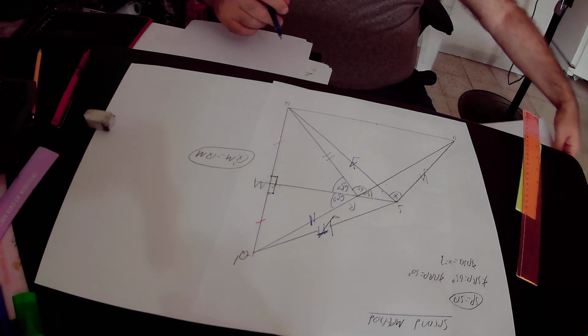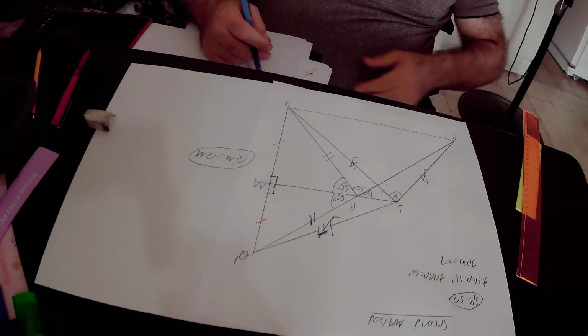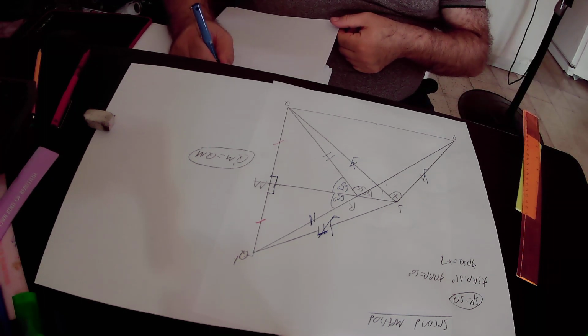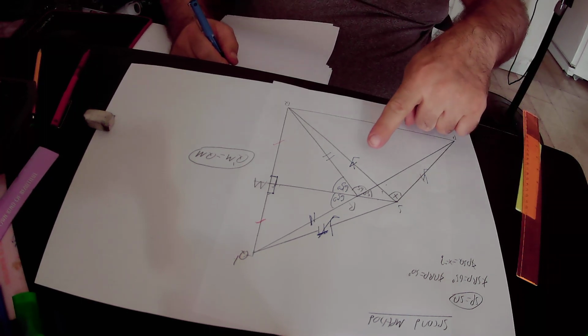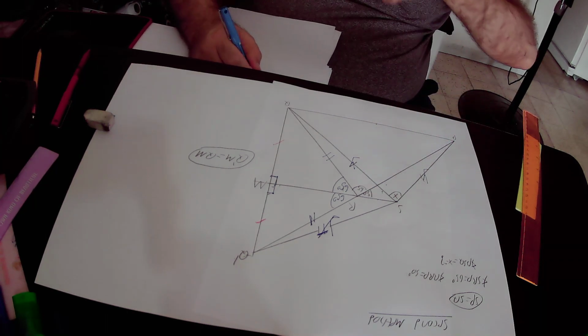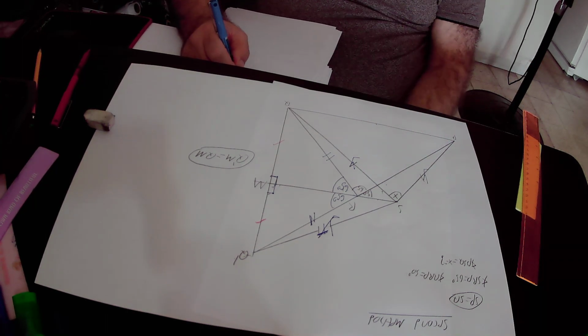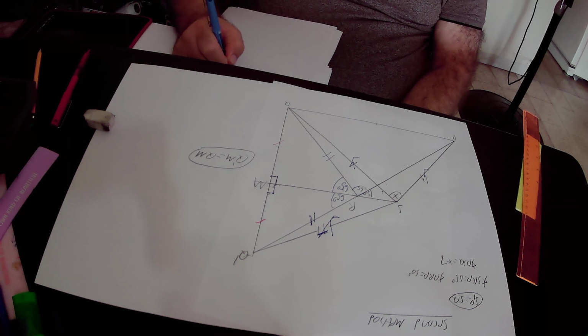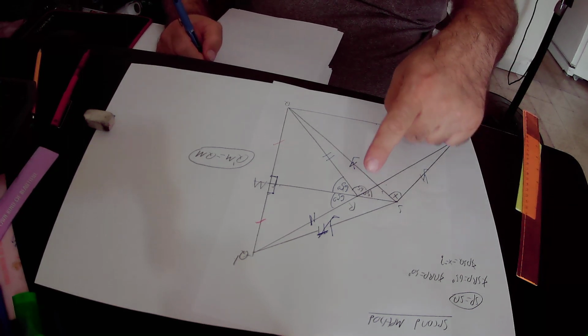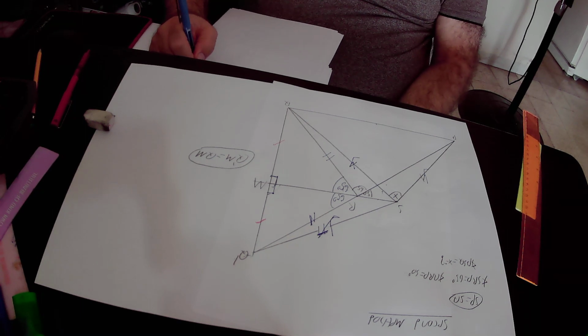Okay, so in the next step, we will focus on triangle SRQ and triangle SRQ dash, and we will prove that those two triangles can go into each other.